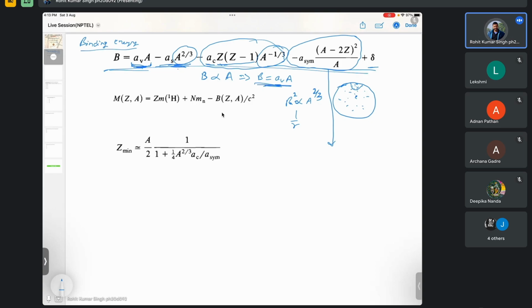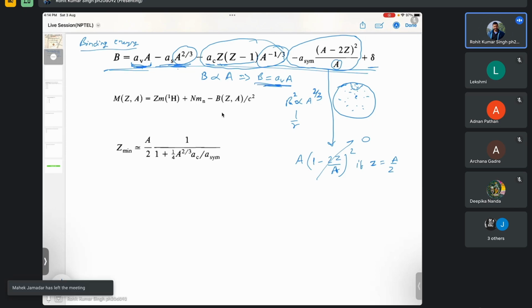We can take this A inside the bracket, so it will be A times (1 minus ...). Now what you see is, if Z is A by 2, this term goes to 0, right?